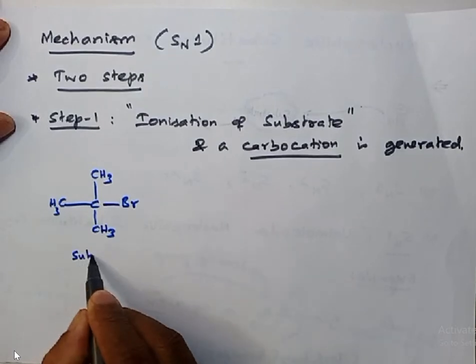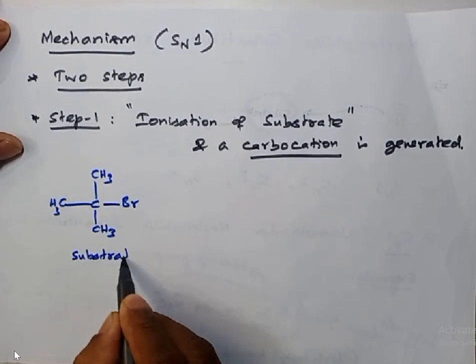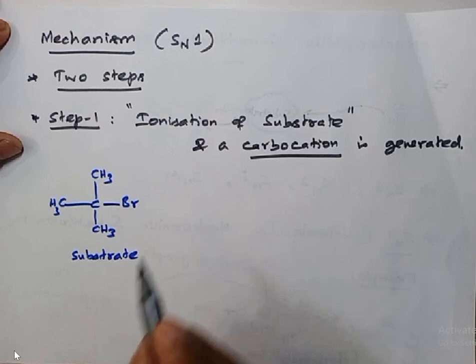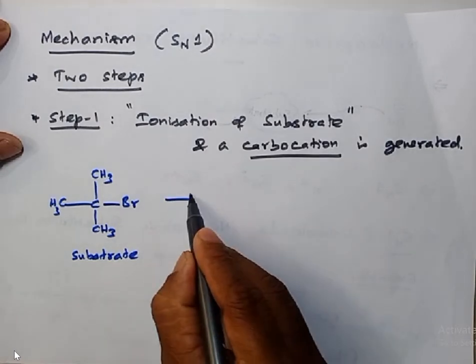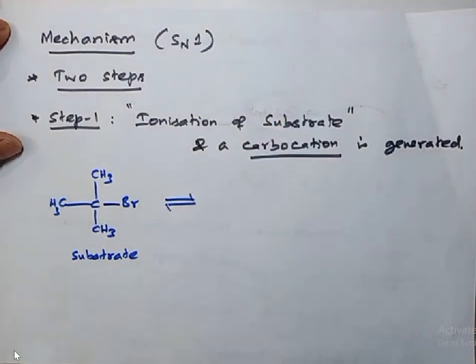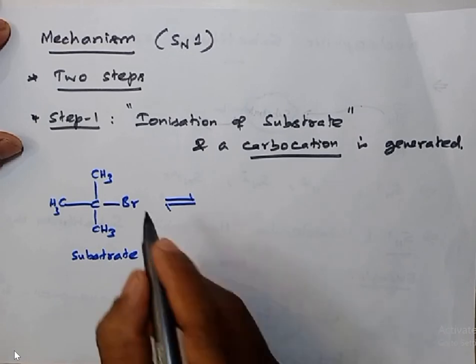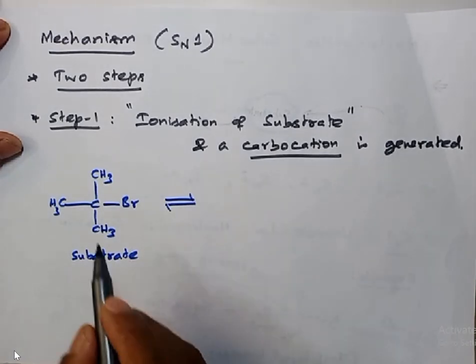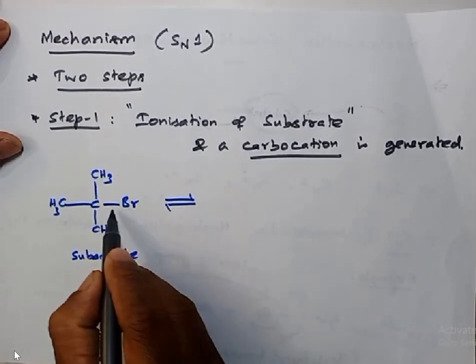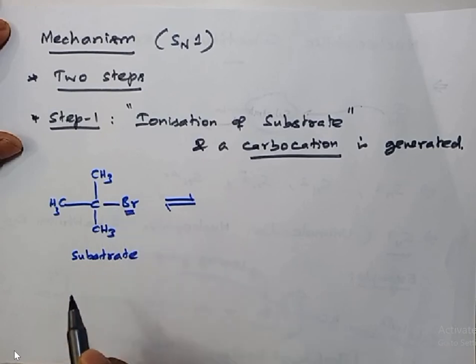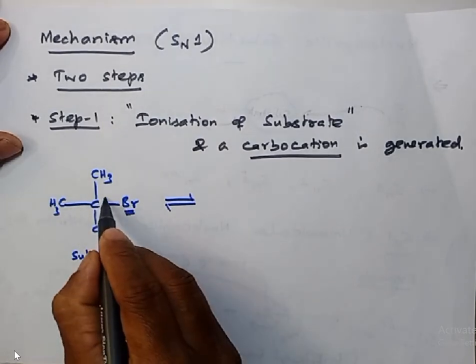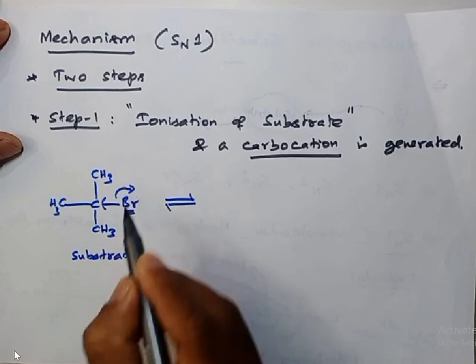This is called the substrate molecule. It will undergo ionization in the solution. Listen: this C-Br bond, where bromine is more electronegative, this bromine takes the bond pair and comes out as Br minus.